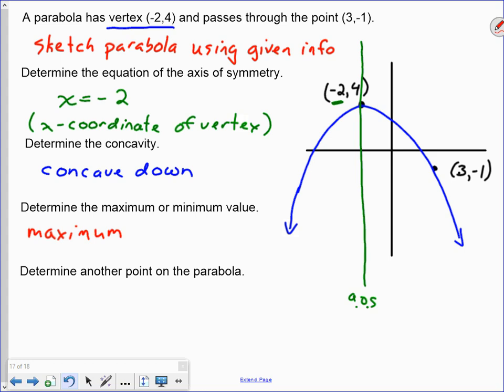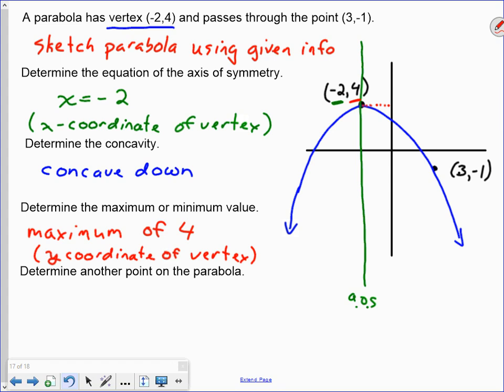So our maximum value is going to occur right there. It is going to be a maximum value of 4. Remember that this is the y coordinate of our vertex. Right here is either our maximum value or our minimum value.